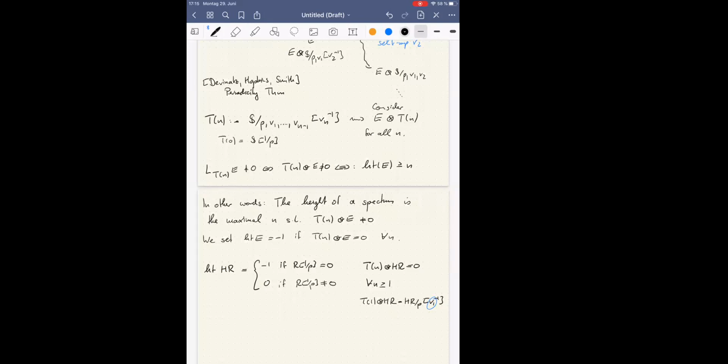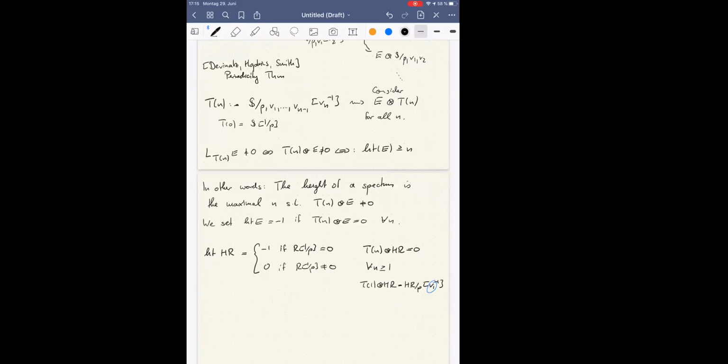And let me give you some further examples that there are also spectra of higher height. For example, we might look at complex K theory. This has height 1. And the height of the sphere spectrum would be infinity. So these are some basic examples.